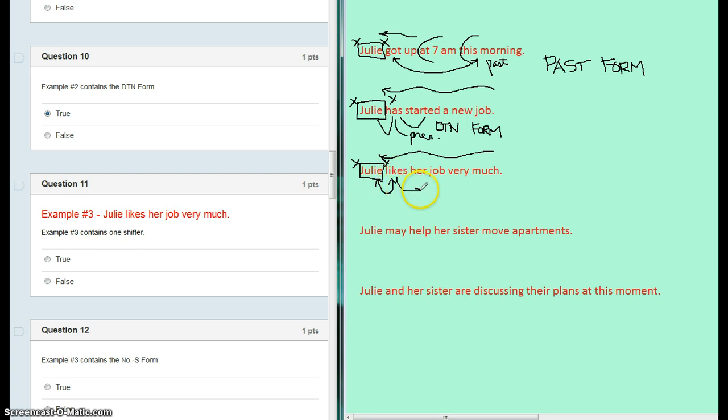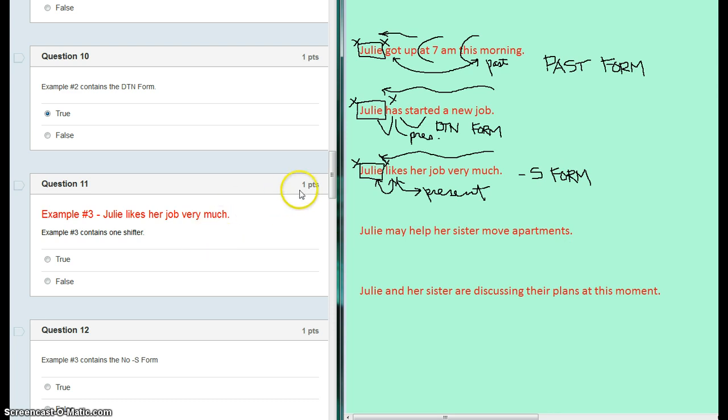Likes ties with the present. Okay. And likes is the S form of the verb. S form ties with subjects like he, she, and it, and the S form ties with the present.